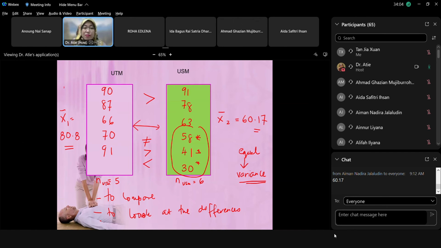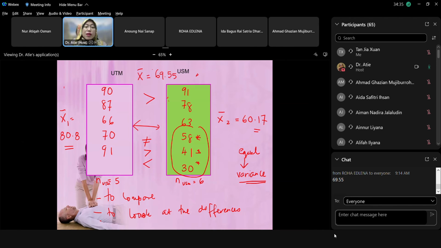I just want to find the mean for these two groups. Yes, the number is 69.55.